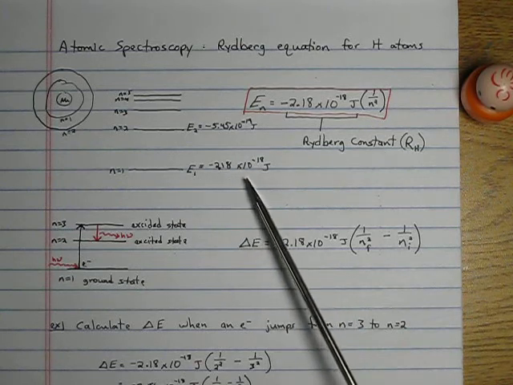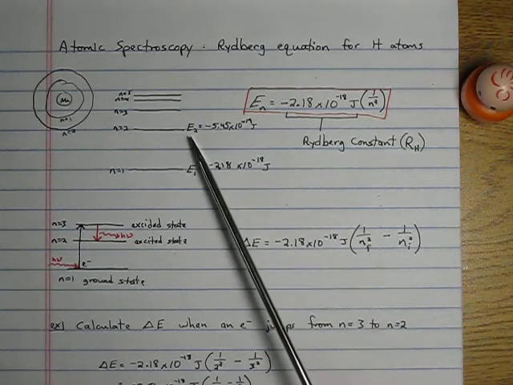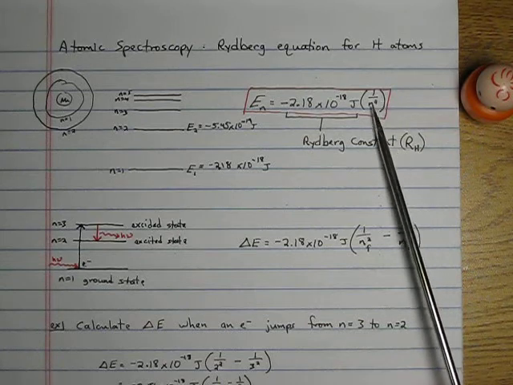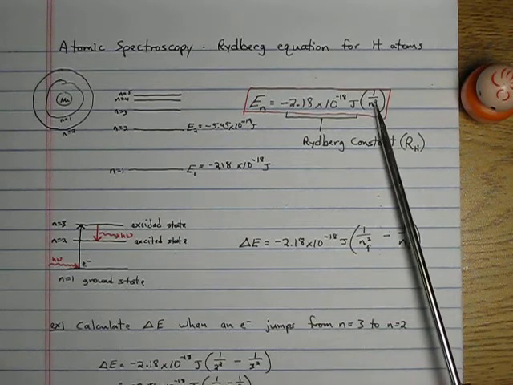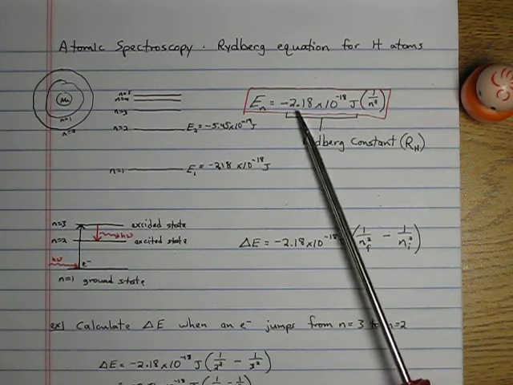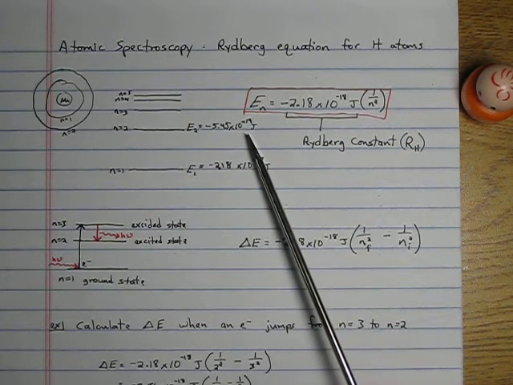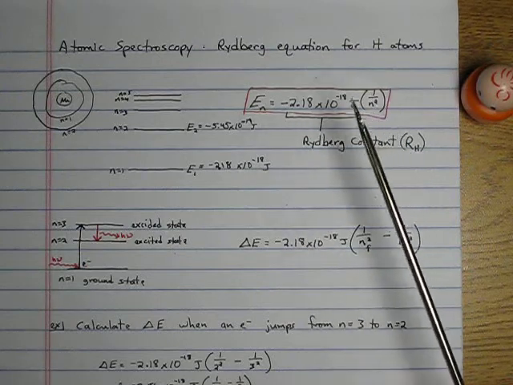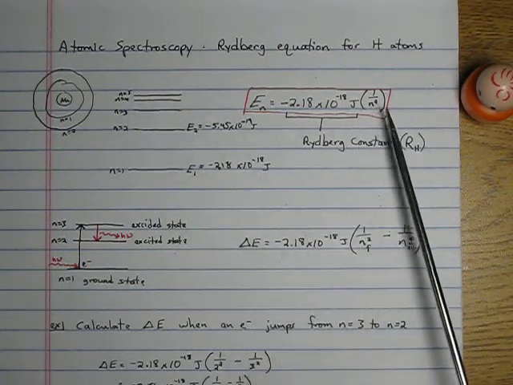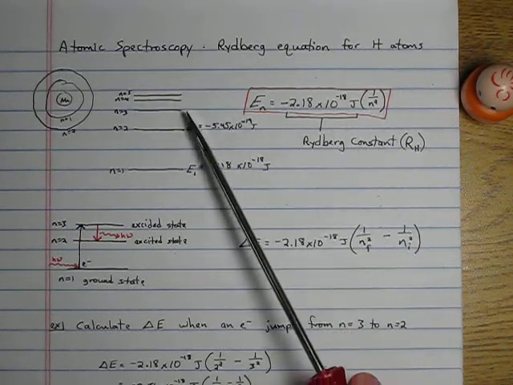That's the energy of n equals 1. For n equals 2, well, 2 squared is 4, 1/4 times this number gives negative 5.45 times 10 to the minus 19th joules. I'm sure you can put in 3, 4, 5 and do your calculation for these energy levels.